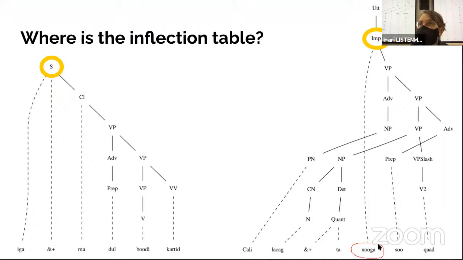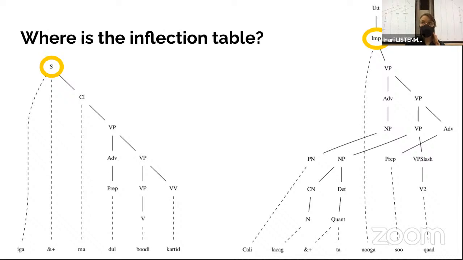Yes, here it is. And so the trees look a bit interesting. Sorry, I'm trying to move the zoom thingy there because it's hiding part of the slide. So this doesn't quite look like the standard English phrase structure trees. The inflection tables are inserted at a very late stage in the tree.